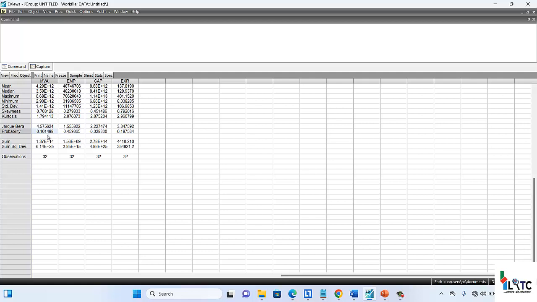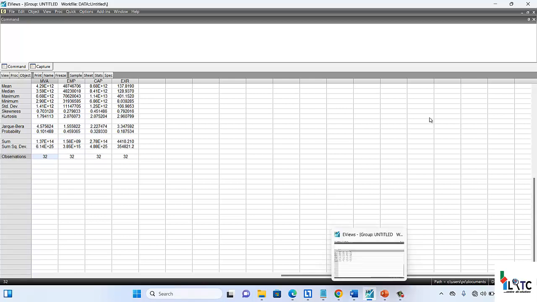Why? Because the probability value is more than 5%, which is the conventional level. So we can conclude based on the probability value that manufacturing value added, employment, capital, and exchange rates are normally distributed.